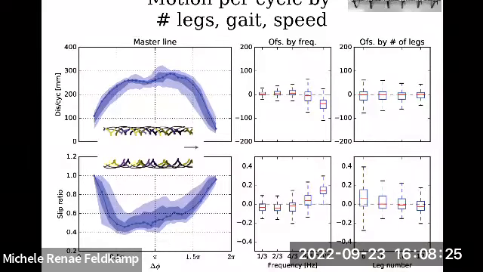But what we find is that if we want to look at distance per cycle, how much they travel, it turns out that it only depends on the phase offset between the legs, not on the number of legs, and not on the speed. So it's like all of these are sort of clockwork toys moving through the same motions, even though these legs flex, right? These are not rigid legs anymore.